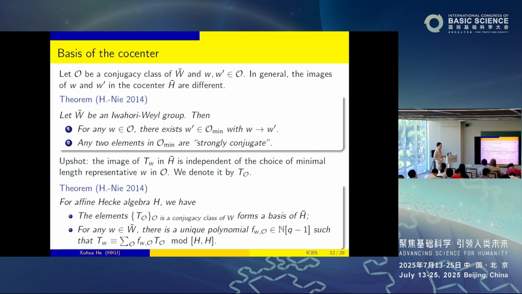Also, if you start with any element, we have a unique polynomial f_{w,O}, so that we can write T_w as a linear combination of the T_O, where O runs over the conjugacy classes of the Iwahori-Weyl group, with coefficients f_{w,O}. We also have the positivity property: this is a polynomial in q minus 1 with non-negative coefficients.